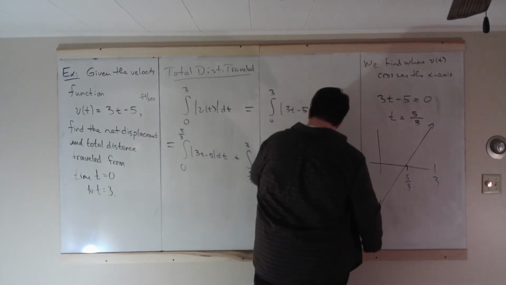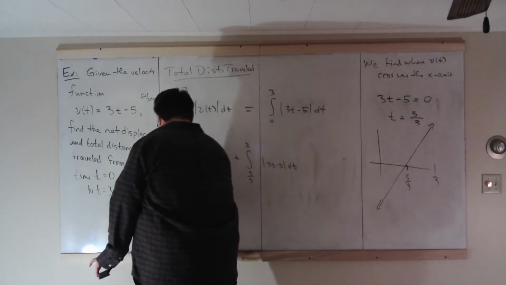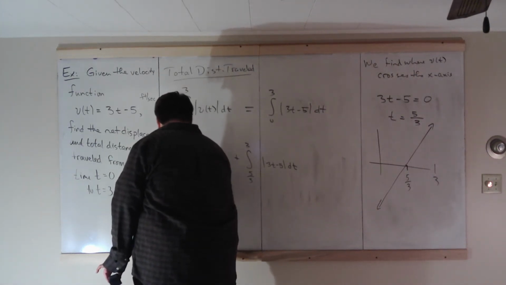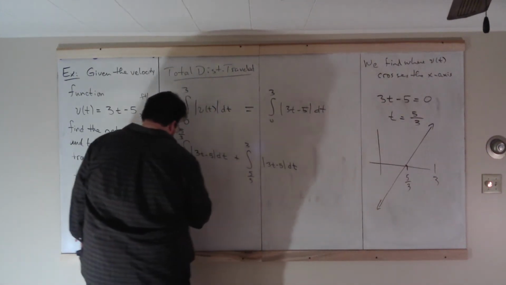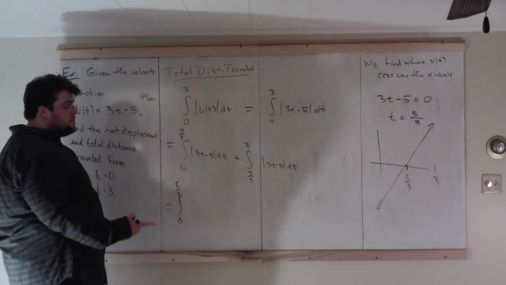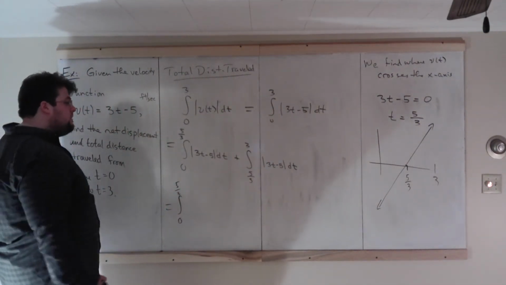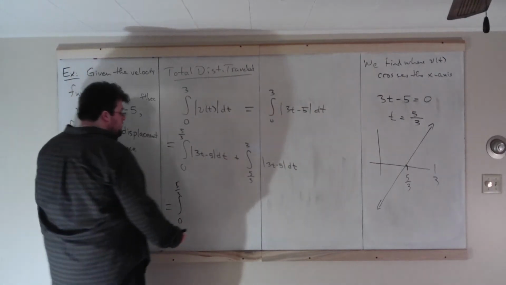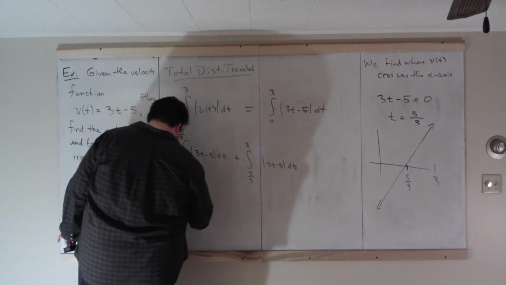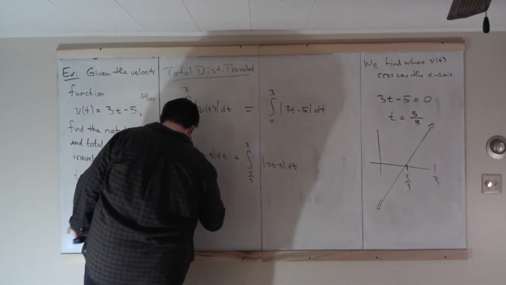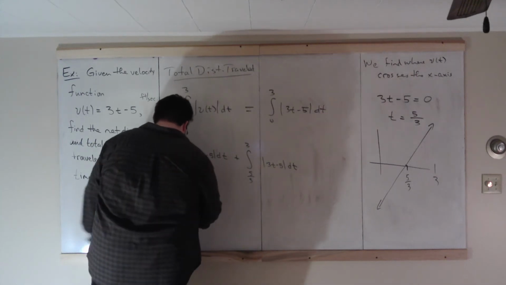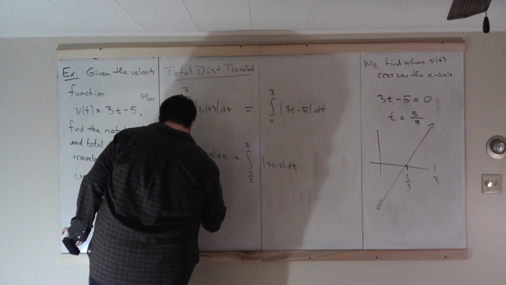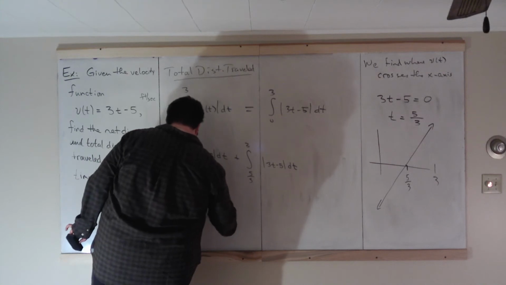I guess I'm going to write it down there. Well, that would tell us how we can evaluate the absolute value function. On 0 to 5/3, velocity is negative. The absolute value would then be its negative. I'll write it like this: negative 3t plus 5.